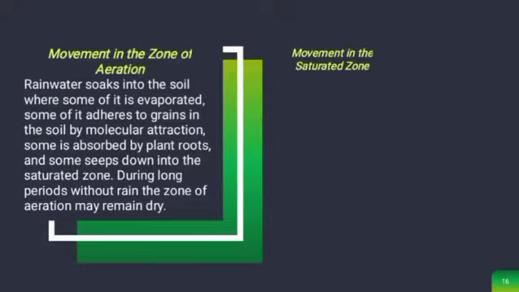Next, we have the movement in the saturated zone. So I would like to further discuss about the saturated zone, though I already mentioned it in a previous slides. I want to elaborate more because kanina in-explain ko lang dun sa figure kung saan nakalugar yung saturated zone wherein andun na yung tinatawag na groundwater.